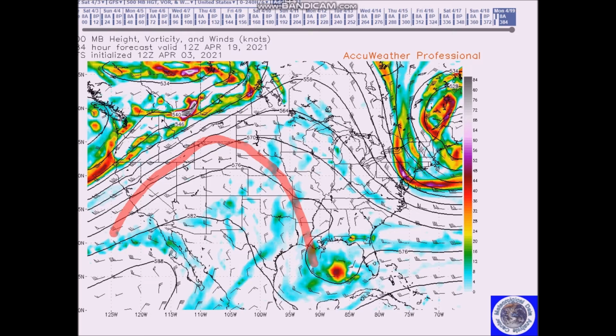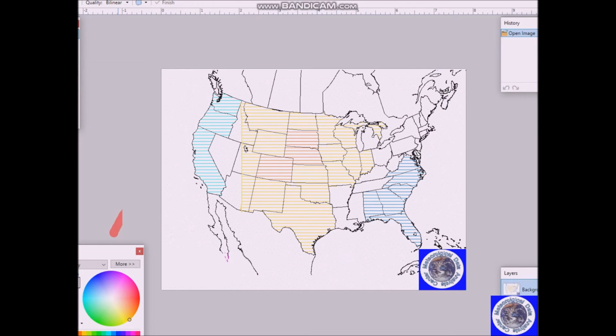So with that said, I'm forecasting for this period below normal temperatures for the West Coast states with anomalies of 2 to 6 degrees below normal, and also here 2 to 6 degrees below normal because of that system being forecast here along the East Coast.